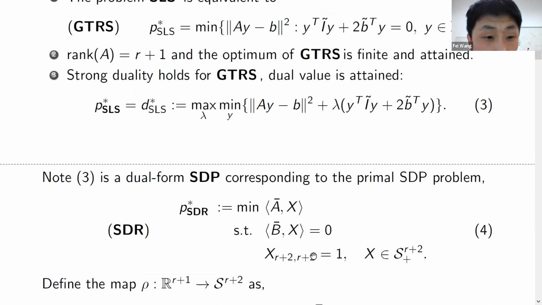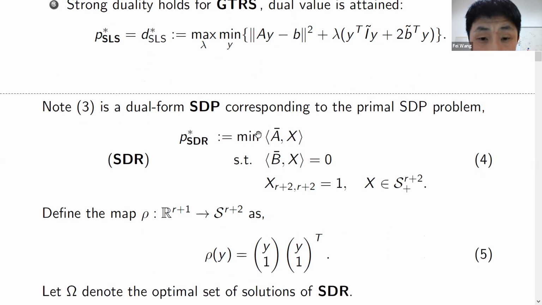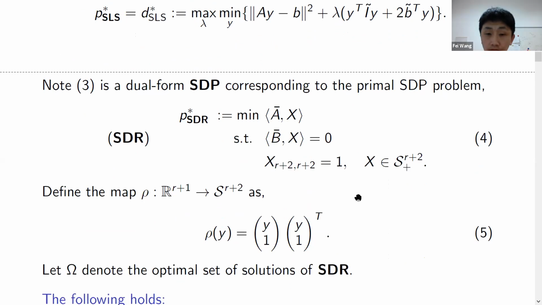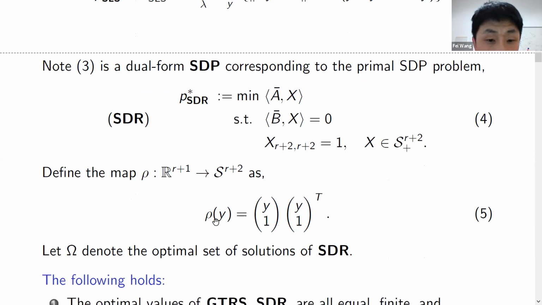Now, how can we convert the GTRS, or the dual problem of the GTRS, into an SDP, which is the following SDP problem, and we define a map. This map U(y) equals y_1 times y_1 transpose, so the rank of the image of the map is always 1.